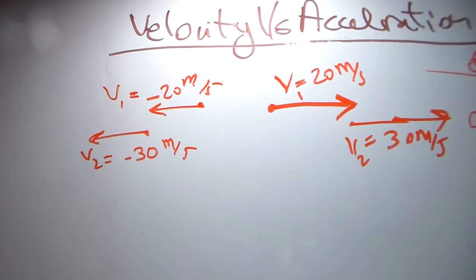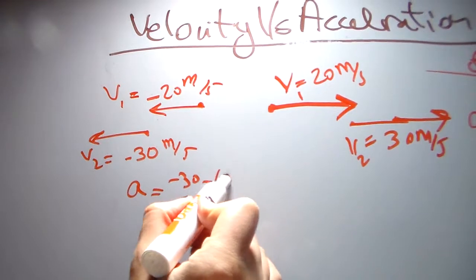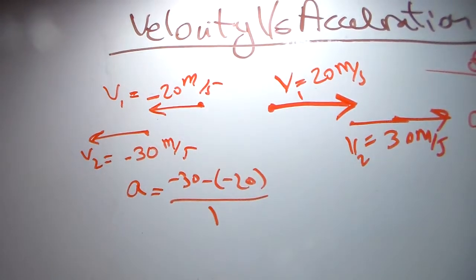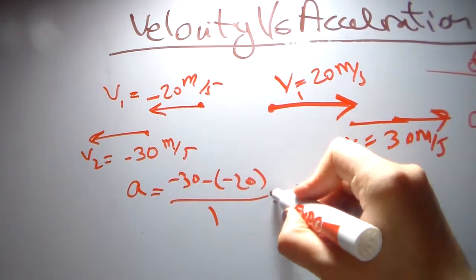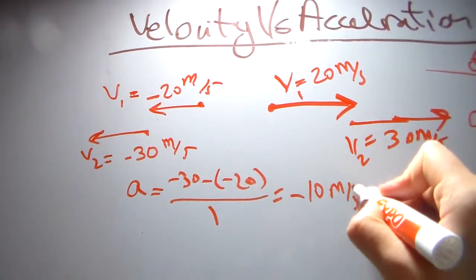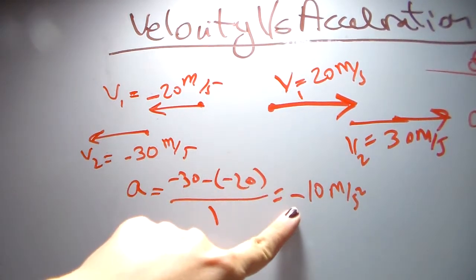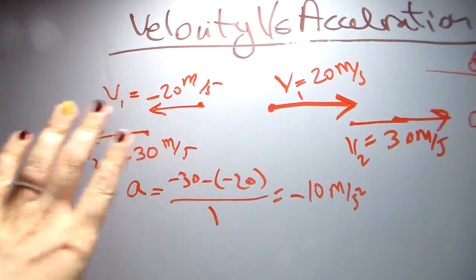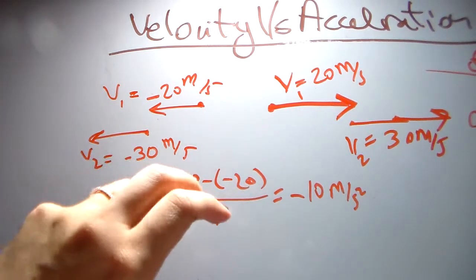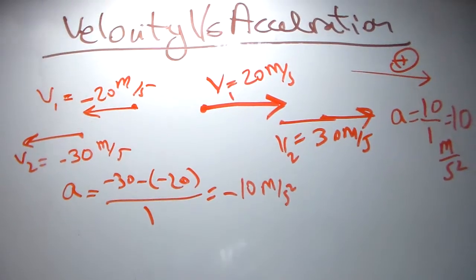Still it's in the left direction, so it's negative as well. So acceleration is v2 minus v1, that is minus 30 minus minus 20, over 1 second, and that's going to be minus 10 meters per second squared. As you see, now everything is negative. Velocities are negative, they're both moving towards the left, and the acceleration turns out to have a negative sign. So far we have these 2 scenarios.